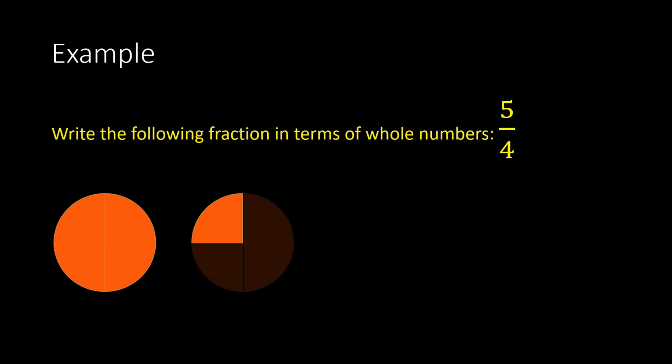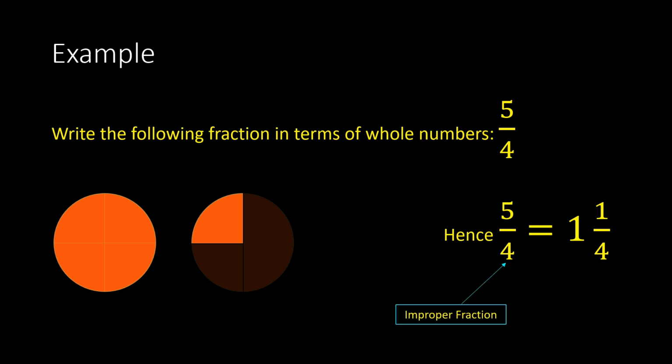Since 4 pieces out of 4 is 1 whole, we have that 5/4 equals 1 and 1 out of 4. An improper fraction is a fraction whose numerator is greater than or equal to the denominator. So 5 out of 4, or 5/4, is an improper fraction.